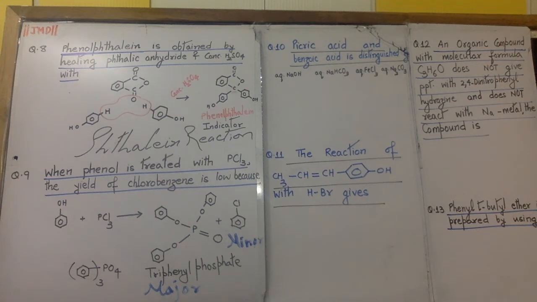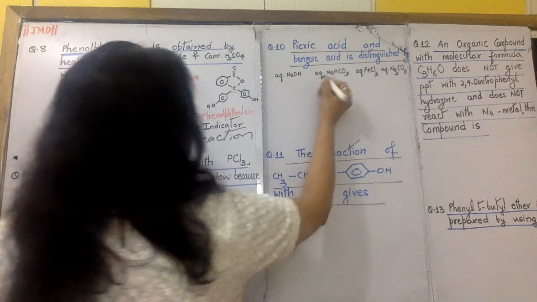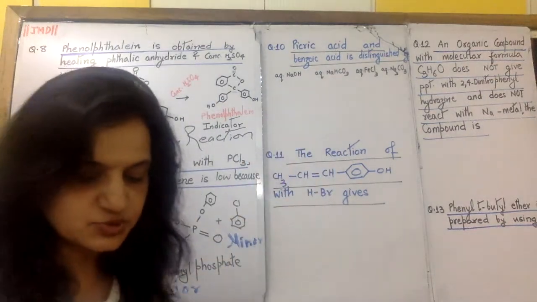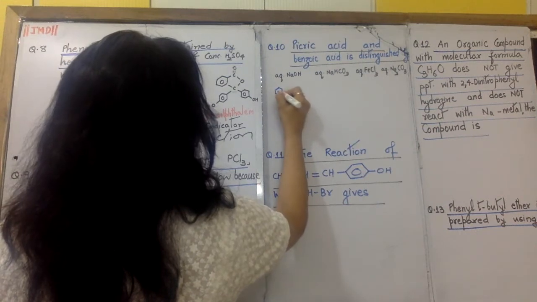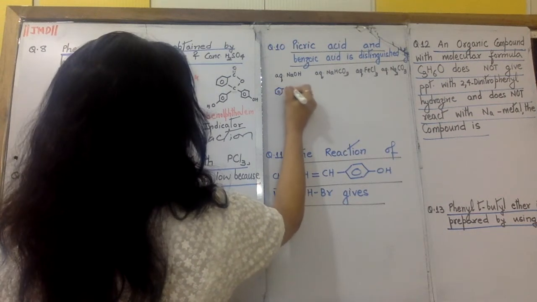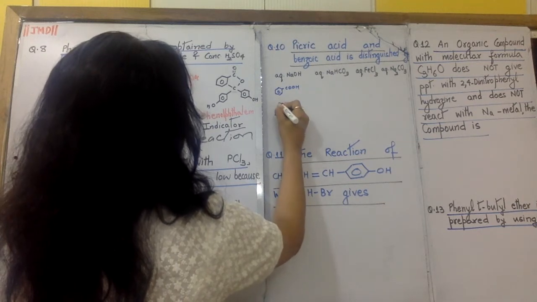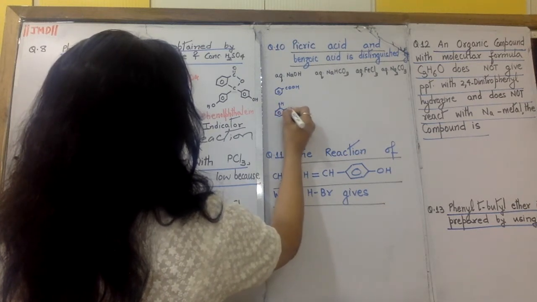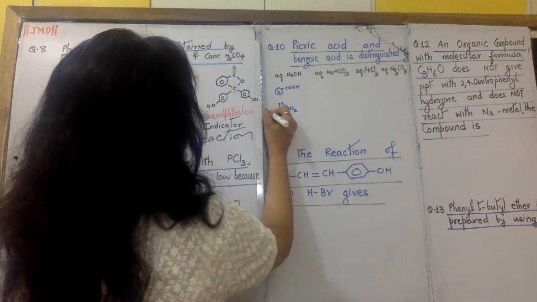Now benzoic acid is a type of carboxylic acid. This is benzoic acid, and this is picric acid. Picric acid is 2,4,6-trinitrophenol.